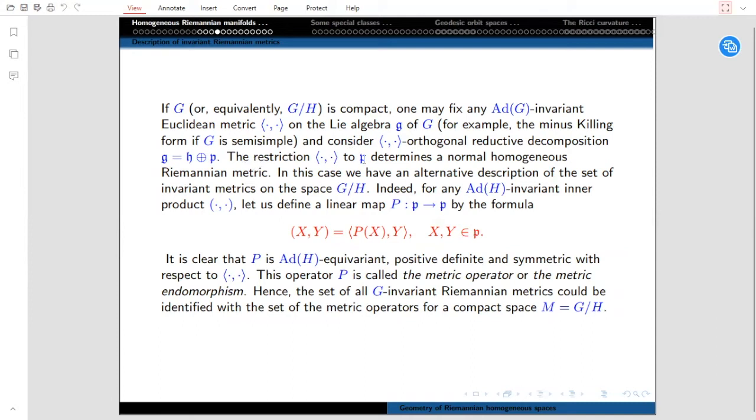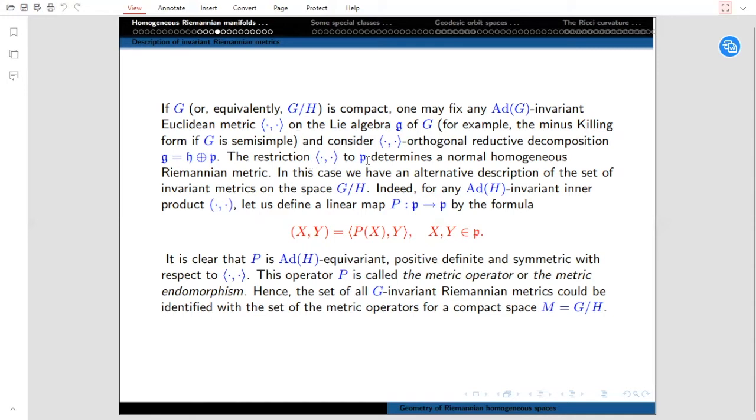Then we know that the restriction of this bilinear form, this inner product, to p determines a normal homogeneous Riemannian metric. By definition, we take an Ad H-invariant Euclidean metric on the Lie algebra, we take the orthogonal complement to h with respect to this inner product, and we consider the restriction of this inner product to p.